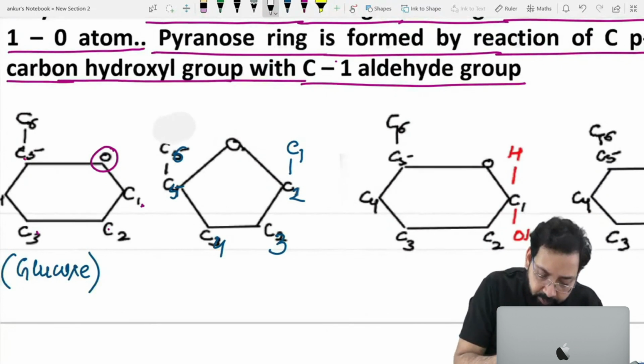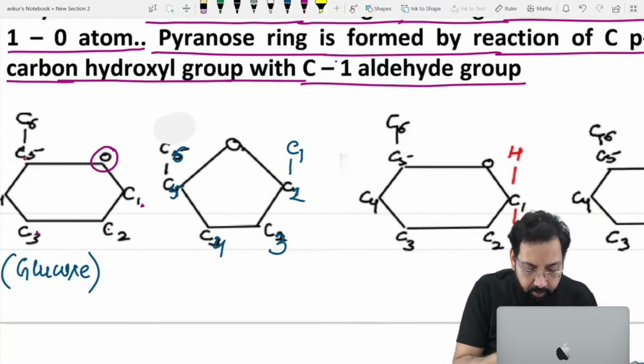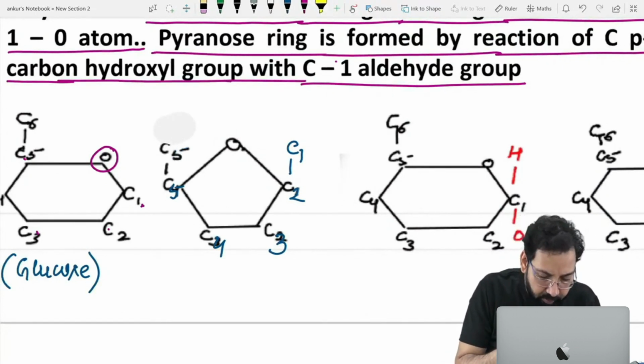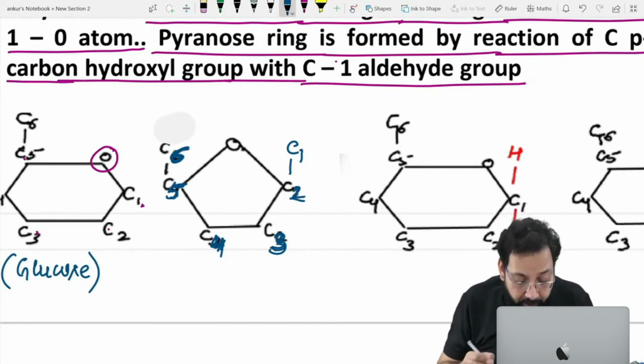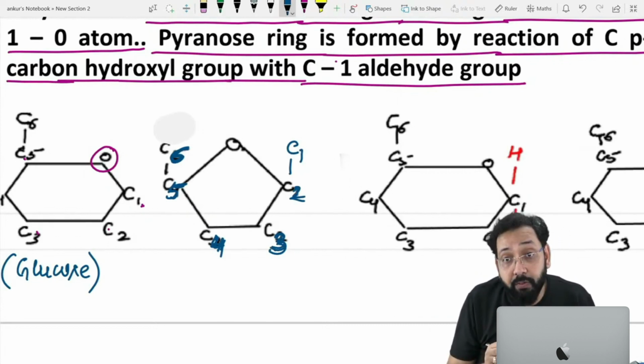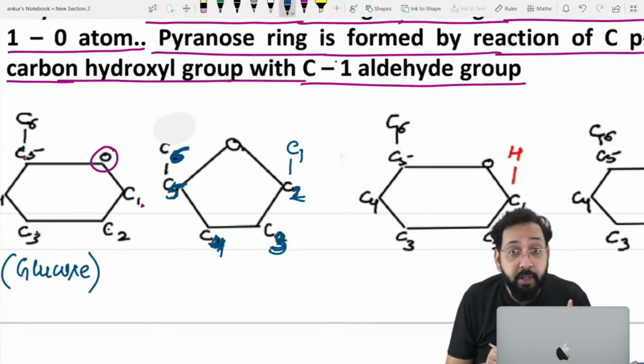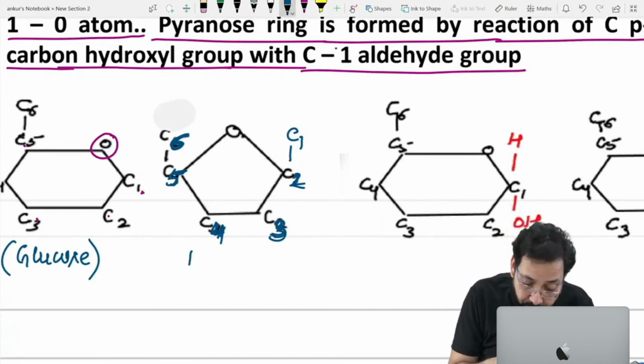So I cut this, and now this is C6, C5, C4, C3, C2. Because in fructose C2 binds with C5, this is called a furanose ring.